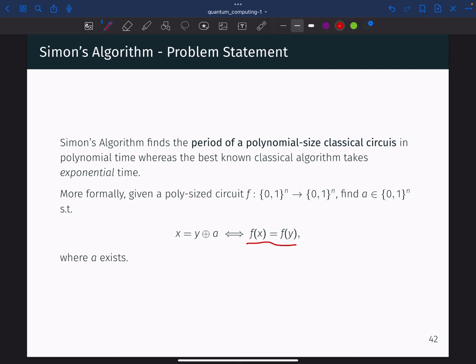Like f(x) equals f(y), so it's something like this: f(x) is equal to f(x) XOR'd bitwise with a string a, and this will be equivalent. So then we'll call a the period.